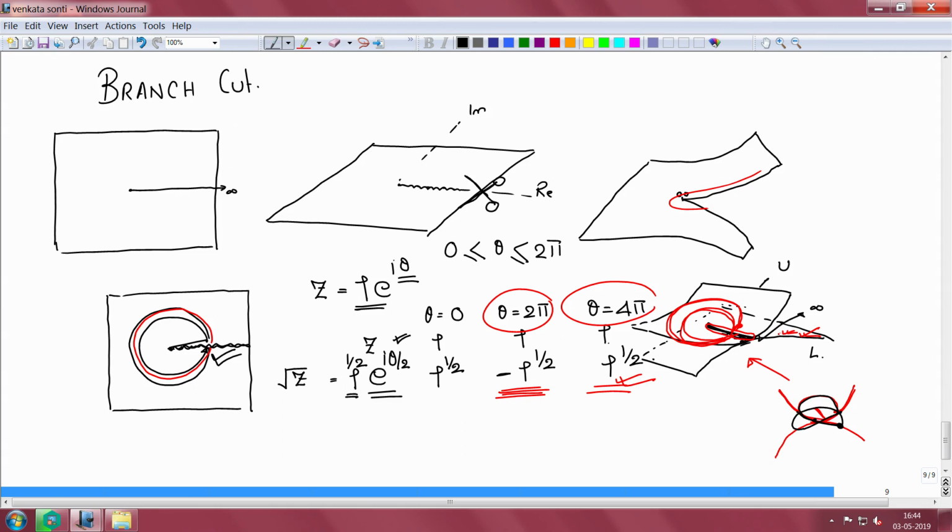So, here to here is lower plane entry, here to here is upper plane entry. Okay. So, that is how the branch cut works, and a branch cut is always between 2 points. In this case it is between 0 and infinity, and they are called branch points.